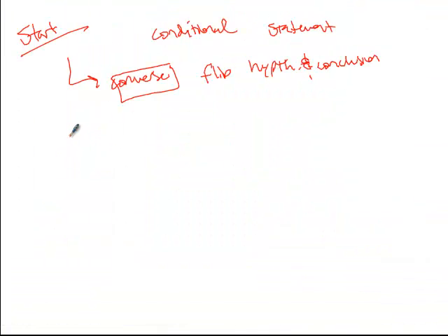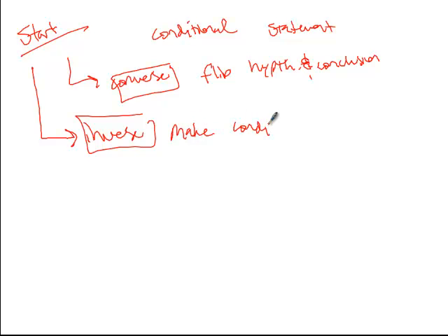is we write the inverse. The inverse is taking the conditional statement and making it negative. We take whatever our conditional statement says, and we make both the hypothesis and then the conclusion negative.